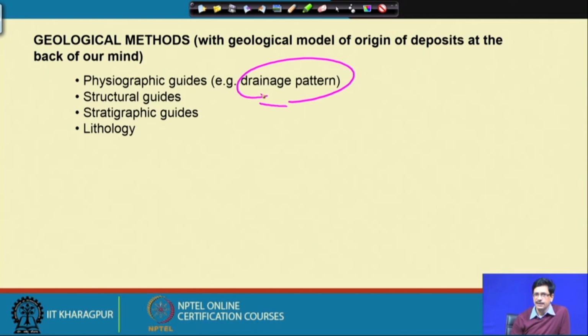They have been classified based on the pattern, and the drainage pattern is very much controlled by the rock structure in the area, and not only structure but sometimes the lithology also, which becomes a feature that can immediately be identified, and based on that the areas to explore could be chosen.